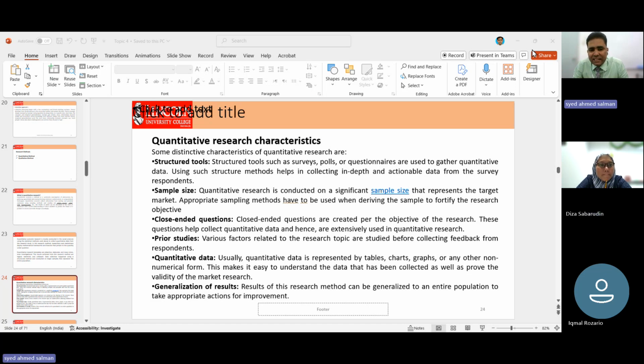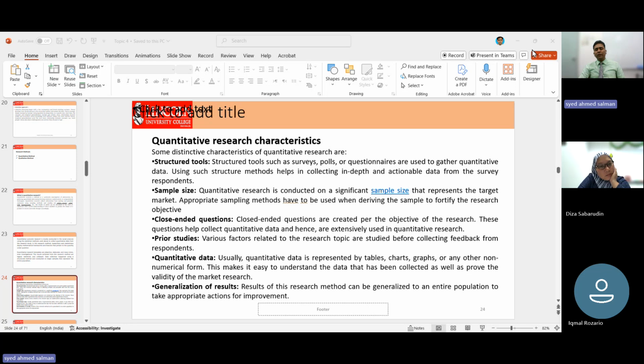Generalization of results. Results of this research method can be generalized to an entire population to take appropriate actions for improvement. You have done research in Malaysia. Can this research be generalized in Indonesia, in Singapore, in Myanmar, in China?